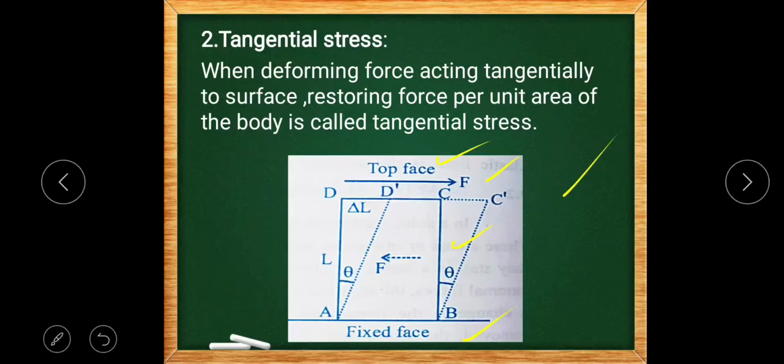Then the restoring force per unit area of the body is called tangential stress. And this angle theta is called shearing strain. We will learn the types of strain in the next slides.